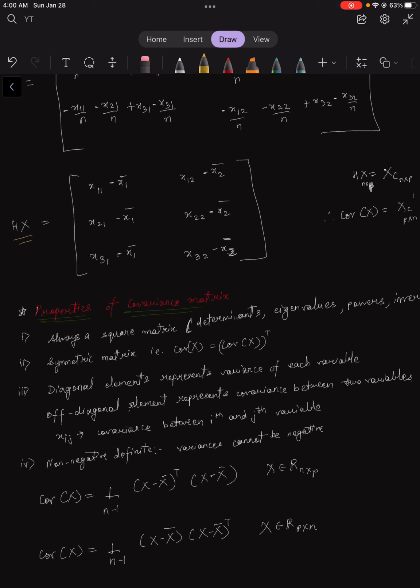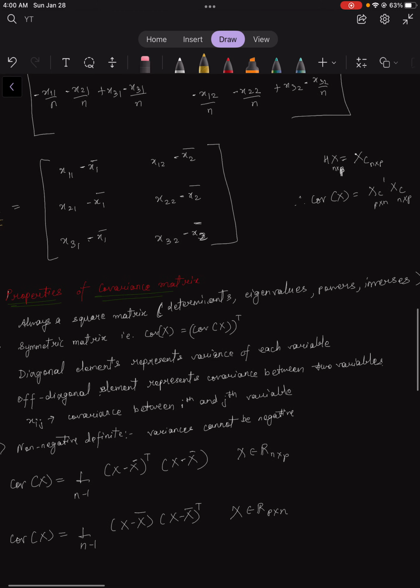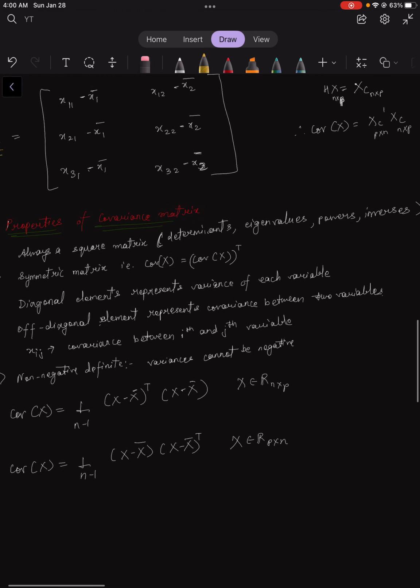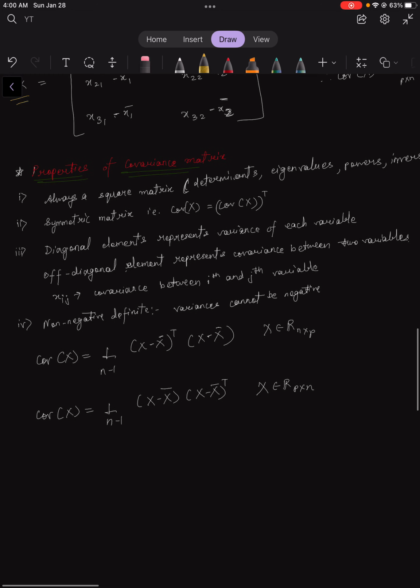Now once you have the covariance matrix, what is the importance of the covariance matrix, or let us study some properties of the covariance matrix. It is a square matrix, so the calculation of determinants, eigenvalues, powers and inverses is much simpler and faster than for other types of matrix. It is a symmetric matrix, that means covariance of X is equal to covariance of X the whole transpose. That also means that the upper triangular elements are the same as the lower triangular elements.